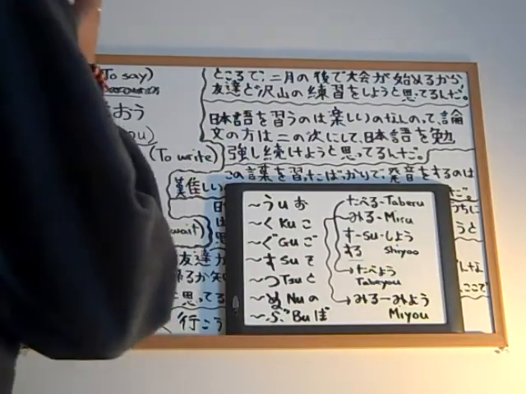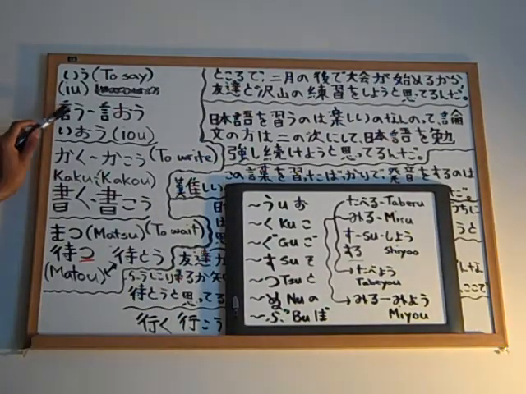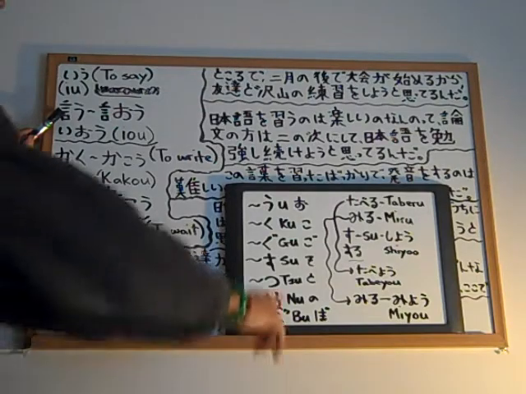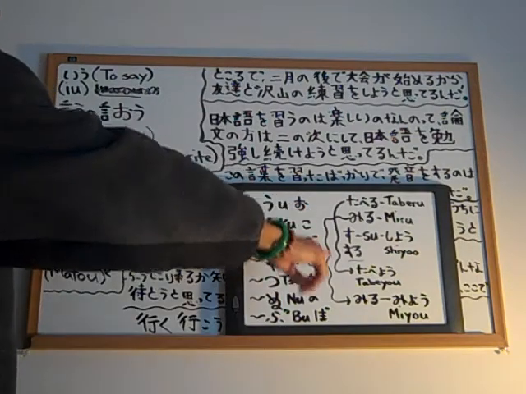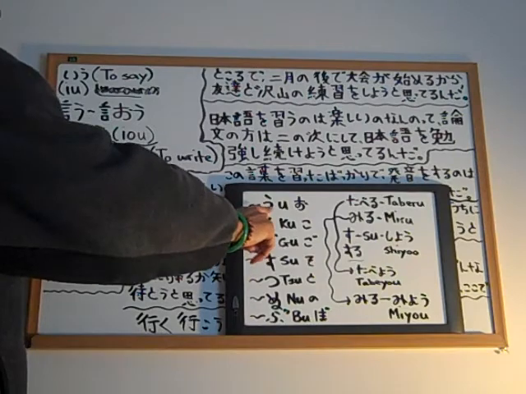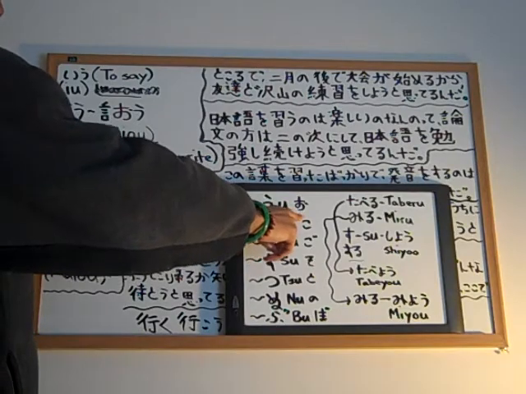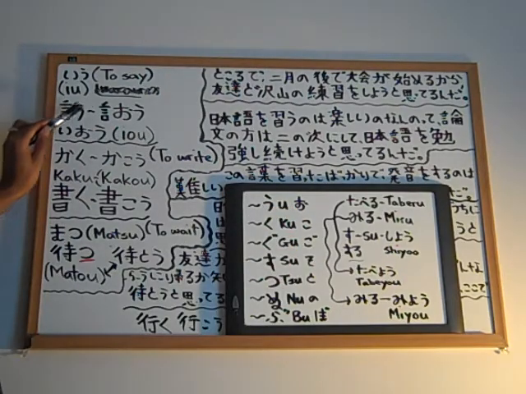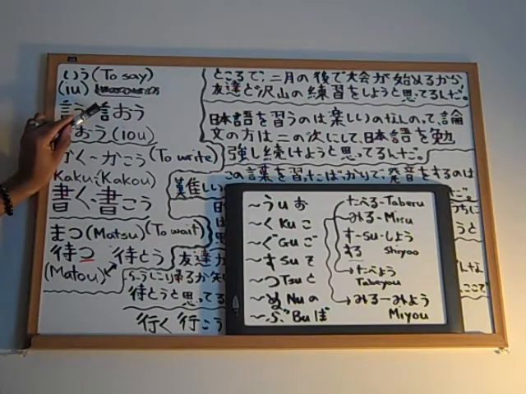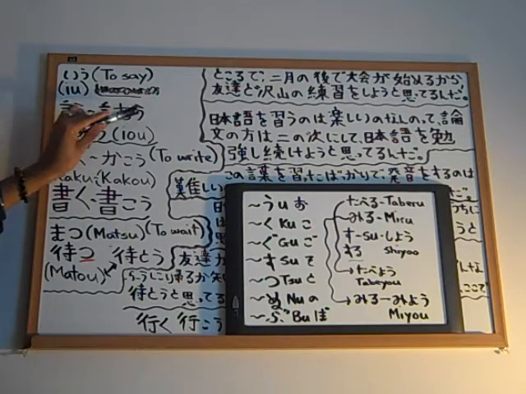Okay, so this iu. We said that the u becomes o. You see that? When you want to use that construction, first of all, you look at the ending u and turn it into an o before you add this u. So iou.